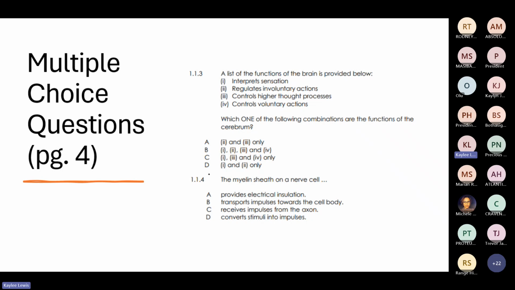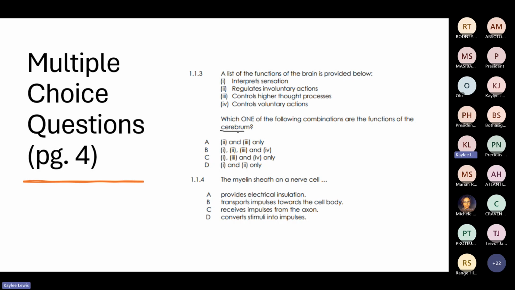1.1.3, a list of the functions of the brain is provided below. Interprets sensations, regulates involuntary actions, controls higher thought processes, controls voluntary actions. So which one of the following combinations are the functions of the cerebrum? So here it's important that you know the functions of the different parts of the brain.